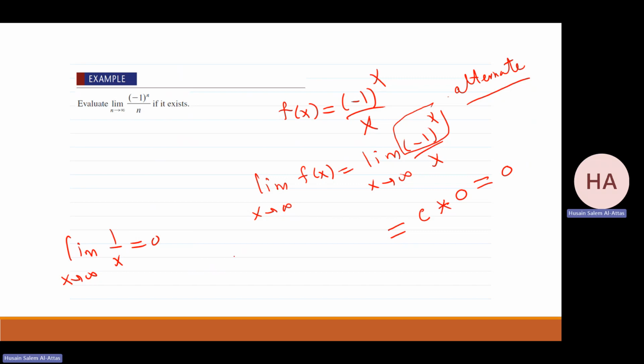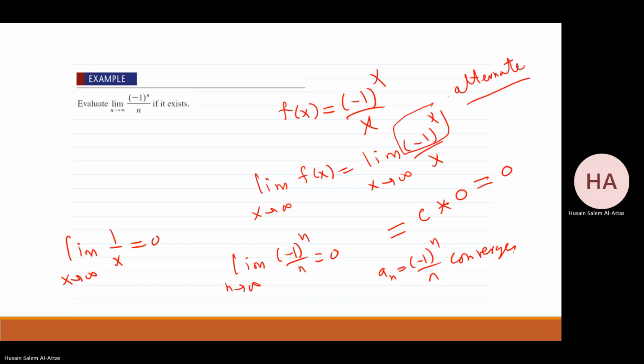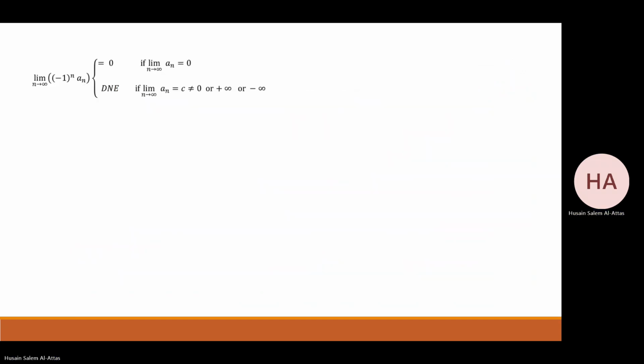So the limit of this sequence will be 0. So this sequence converges to 0. Because, yes, this value, I don't know what it is, but this will be 0 for sure. So in general, for minus 1 to the power n times a_n, how to find the limit?